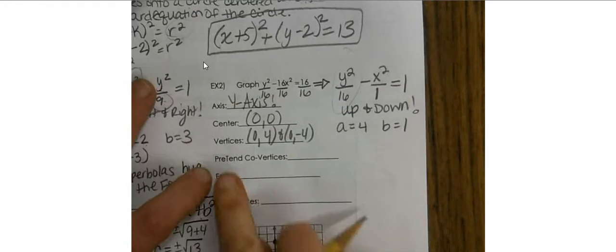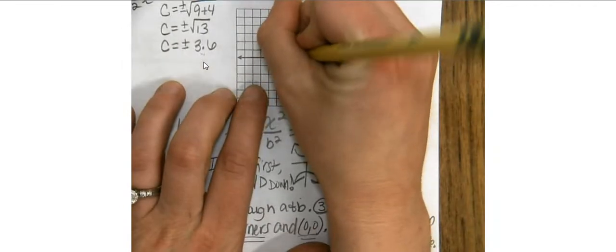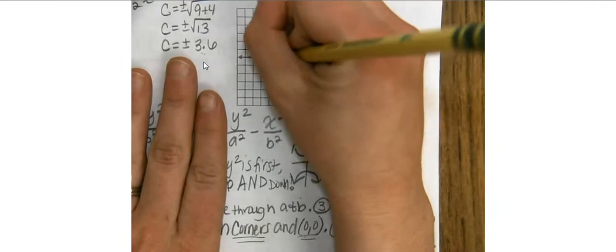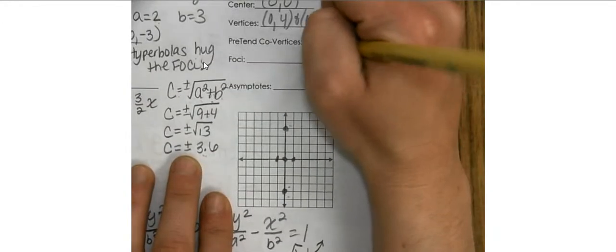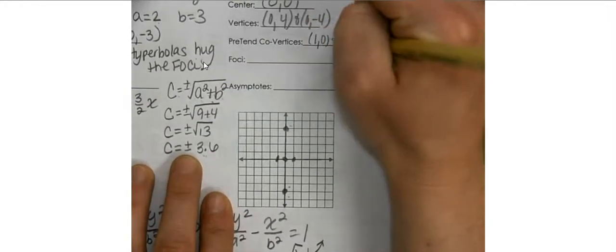My pretend covertices, do you guys now see why it's pretend? Notice that our hyperbola does not go through these points, yet we need them in order to help us with our structure of the problem. So our covertices this time around is going to be based on 1, and so I'm going to count 1 unit to the right and 1 unit to the left, and those ordered pairs are going to be at 1, 0 and negative 1, 0.